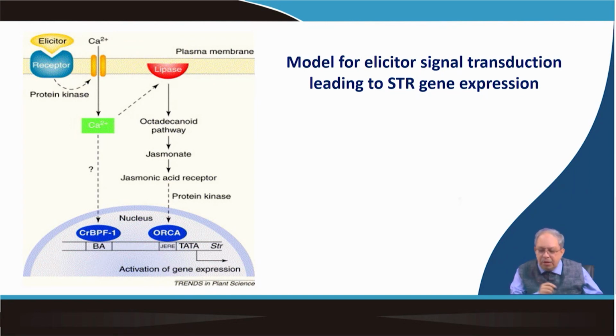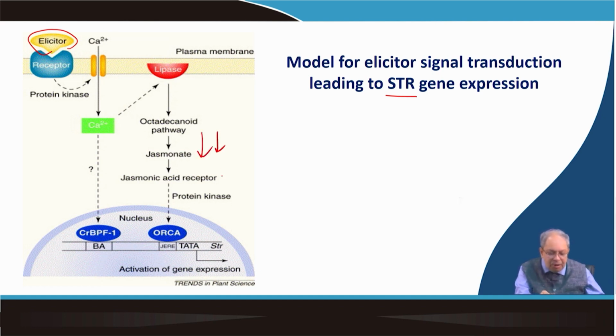This I have already discussed, that the elicitation signal leads to strictosidine synthase gene expression. Here is the involvement of kinase, and sometimes yeast extract you can use. So, this is the point where the elicitor binds, it could be anything, and then that activates the calcium channel, which may activate the lipase, leading to more formation of jasmonate.